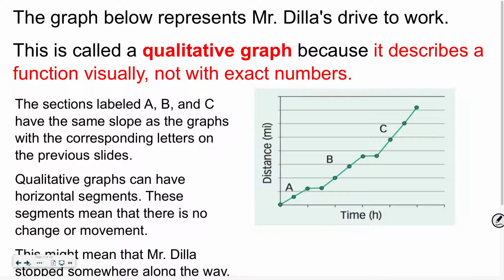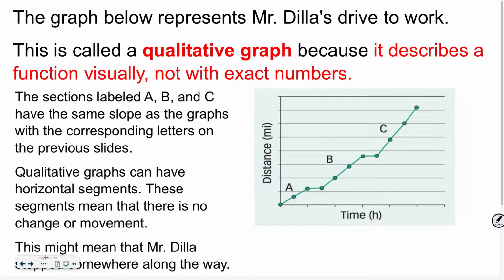All right. So today we're going to be talking about qualitative graphs. It's different than what we've ever talked about. When you look at graphs, these are different than the ones we've been looking at. So take a look. A qualitative graph, write this down: it describes a function visually and not with exact numbers.